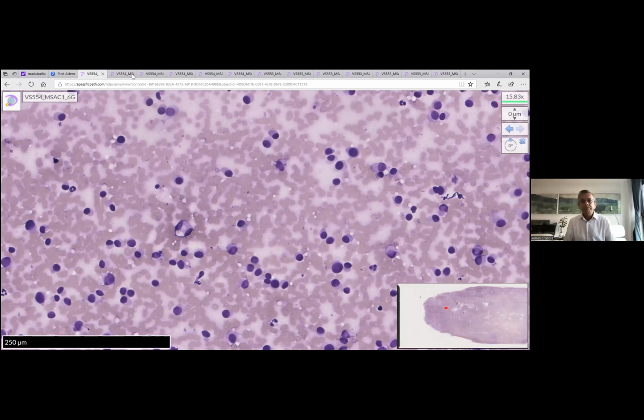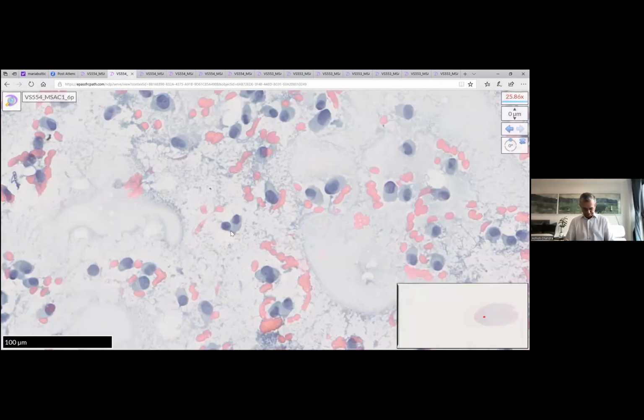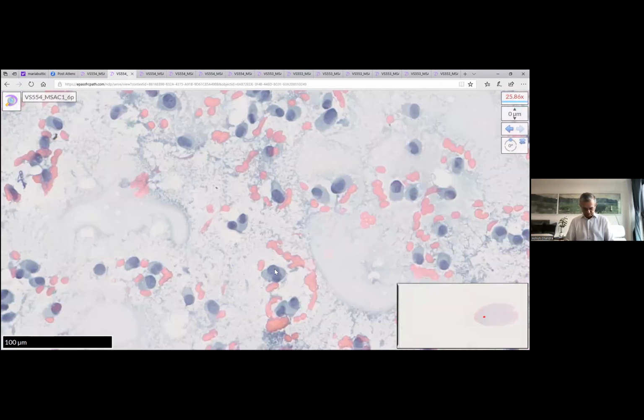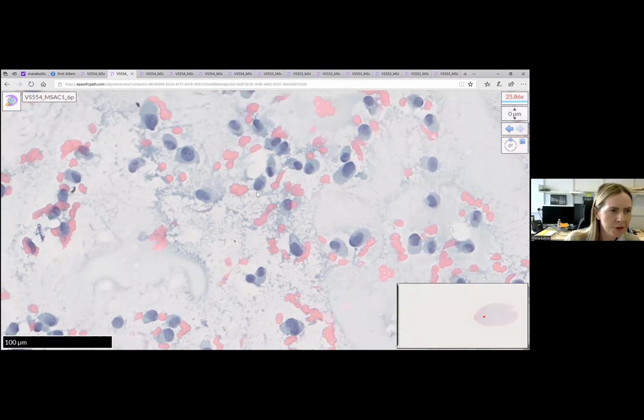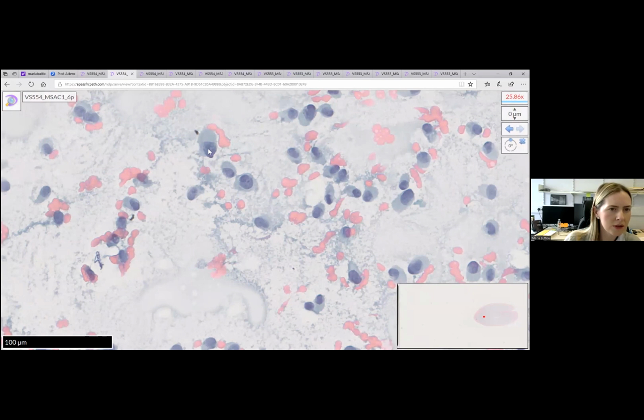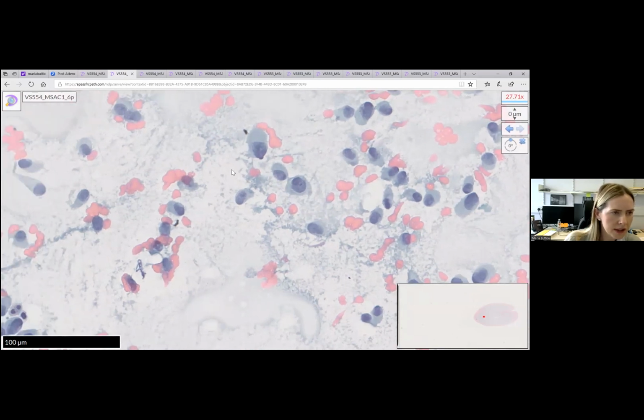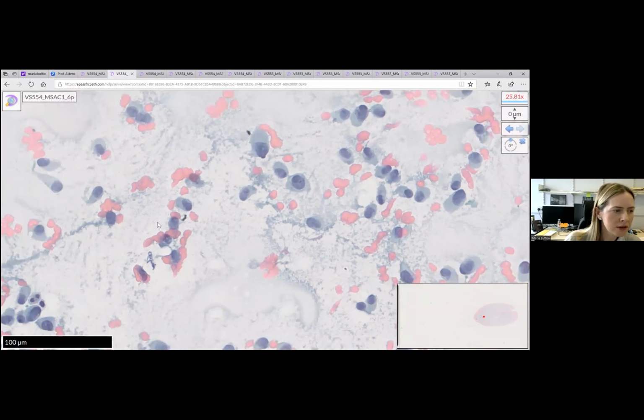Okay. And then if I take you to the PAP. Feel free to start making some comments on what the diagnosis is, or if you have a differential.